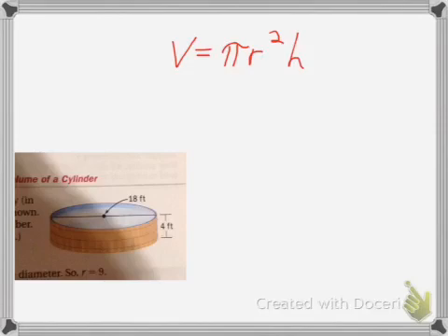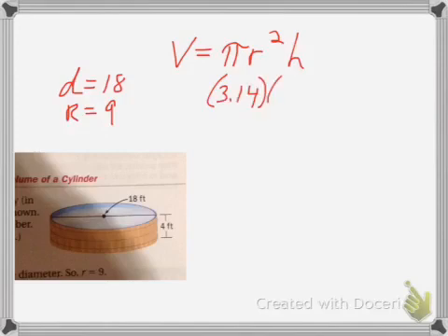We need the radius. 18 is the diameter, so what is your radius? Half of that, which is 9. Okay, now let's fill in. We've got pi 3.14, the radius squared, and the height is 4. Between your two circles is 4. Alright, 9 squared is 81.